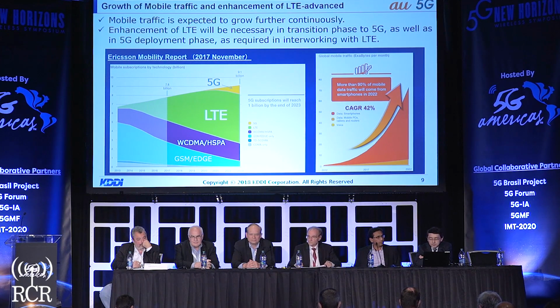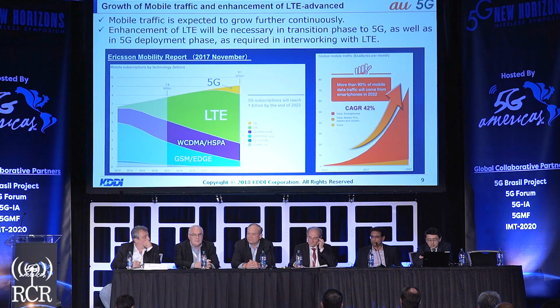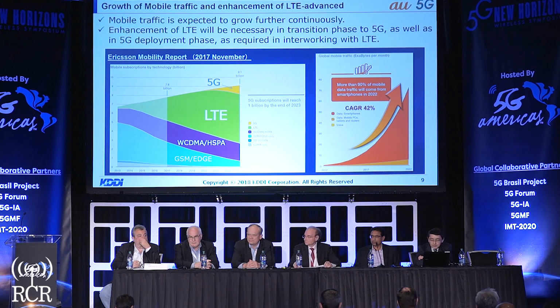So this is the traffic forecast by Ericsson, on a global basis. As you can see, the traffic on a global basis is growing steadily and is expected to continue growing at a CAGR of 42% beyond the year 2020.